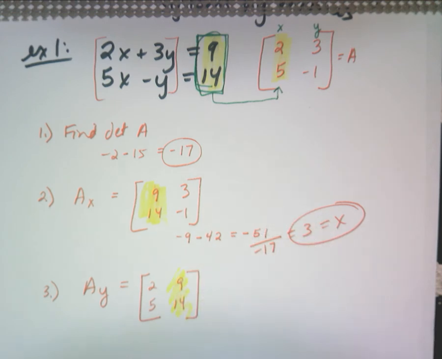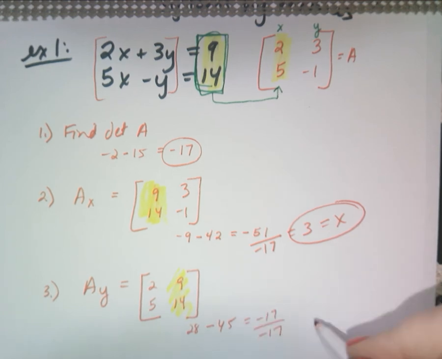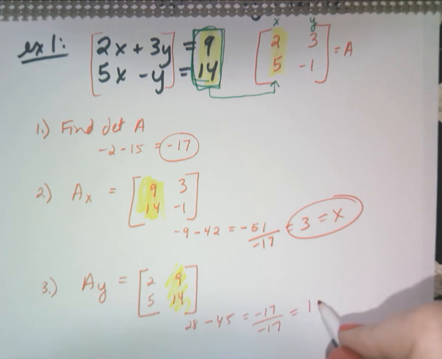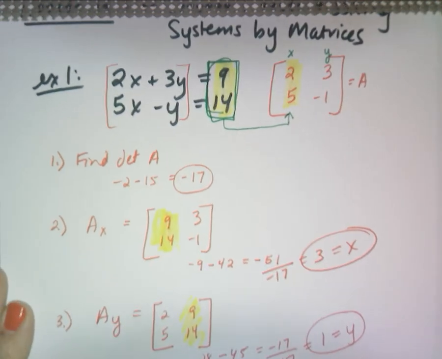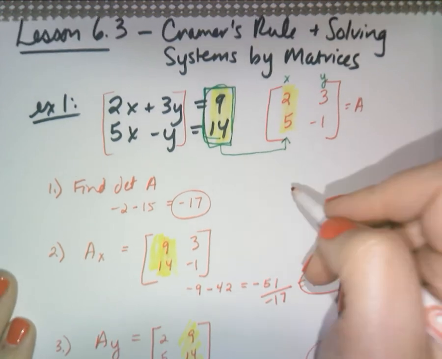And then again, do the determinant like you just did before. So this would be 28 minus 45. What's 28 minus 45? -17. Yeah. And what's -17 divided by -17? 1. 1 is what Y is. So your solution to this system is 3, 1.